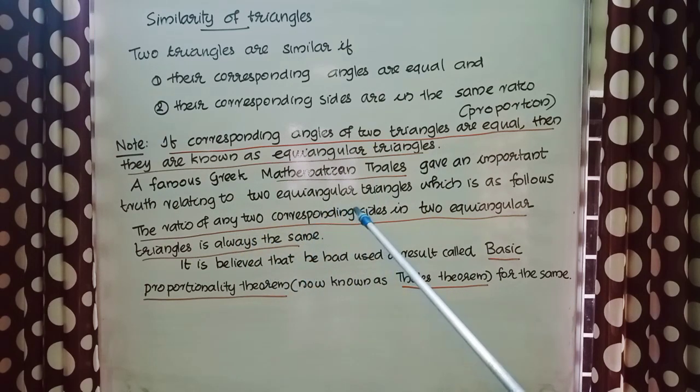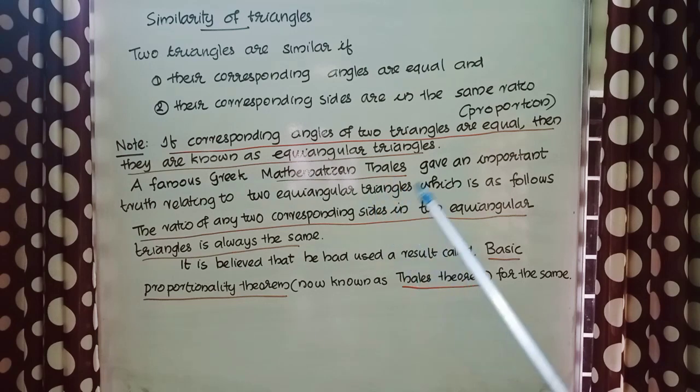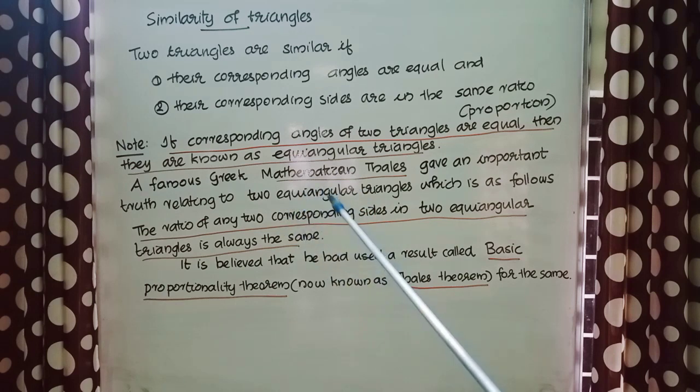That is, in two triangles, if all corresponding angles are equal, then the ratio of corresponding sides is also the same. It is believed that he had used a result called the basic proportionality theorem, now known as Thales theorem, for the same.